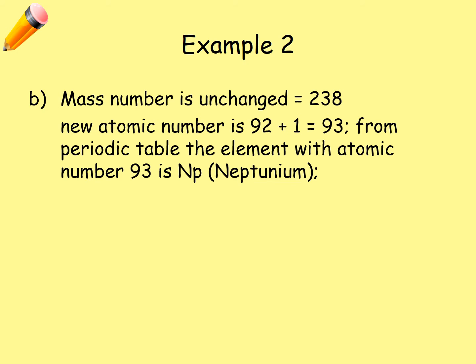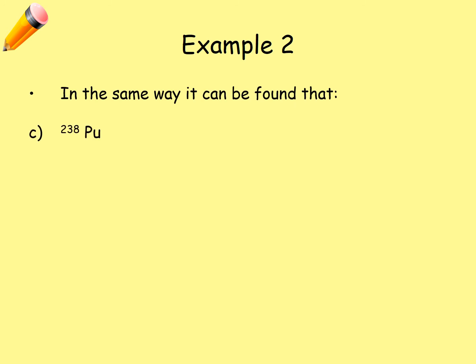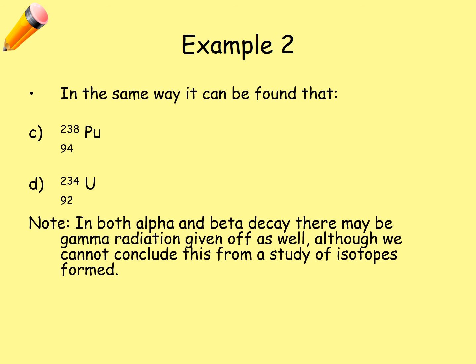From the periodic table, we can tell that this is neptunium. In the same way, it can be found that we have nuclear decays occurring at each stage. In both alpha and beta decay, there may be gamma radiation given off as well, although we cannot include this from this study because we don't know.